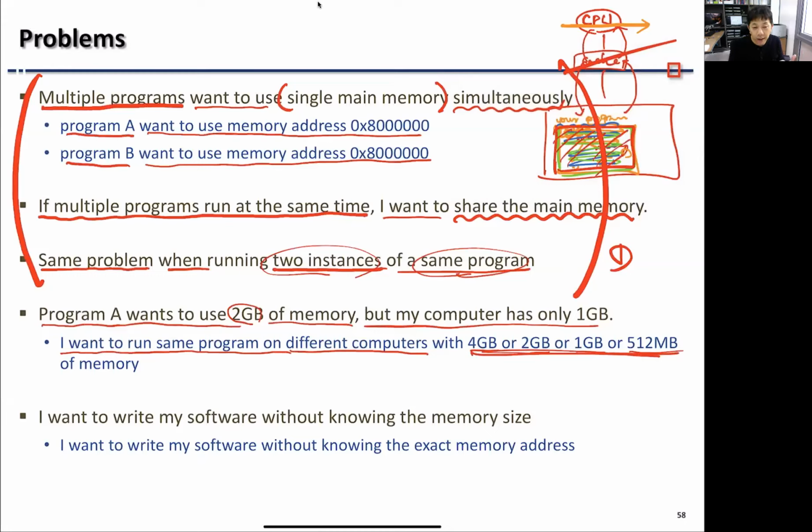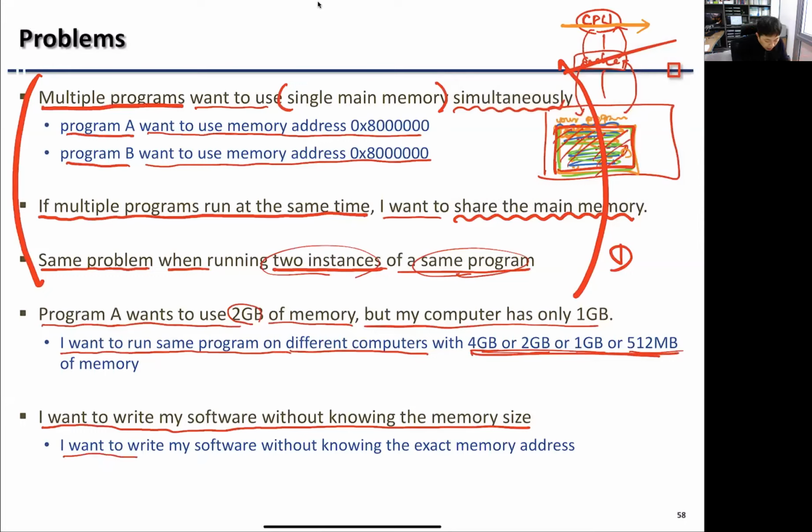What's going on? I want to write my software without knowing the memory size. When you write software, do you care or worry about how much RAM you have on your computer? You don't. I don't want to worry about whether I'm going to run this on a 1 gigabyte computer or a 4 gigabyte computer. Different computers have different RAM sizes, but my software should still run, right?